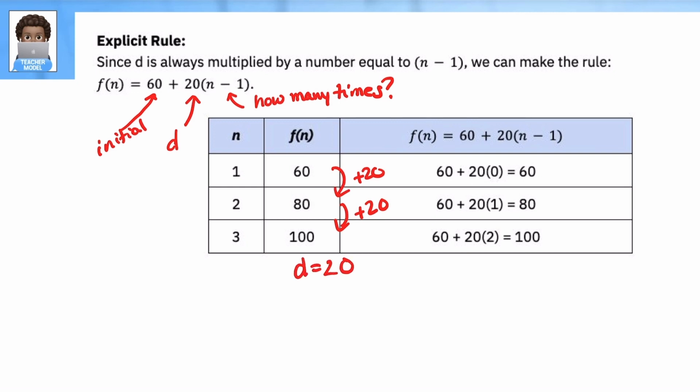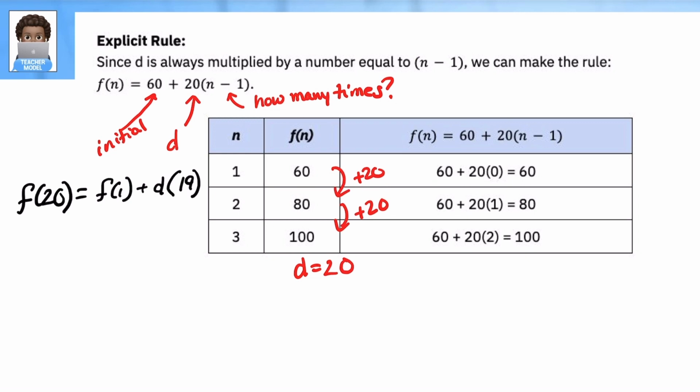But let's say I wanted the 20th term, where n equals 20. Okay, so let's write our original part in there. So I want the 20th term. I'm going to do my first number, f of 1, plus D times 19. Why? Because it's 20 minus 1. So I'm only going to add 20 19 times.